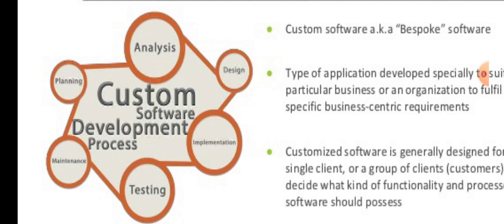So these are the different phases of the customized software development process, or software development life cycle. This is very complicated software, designed to fulfill a particular user's need, or a particular firm or company.